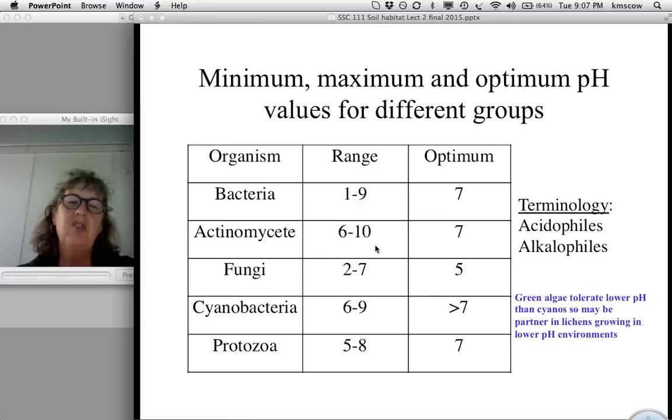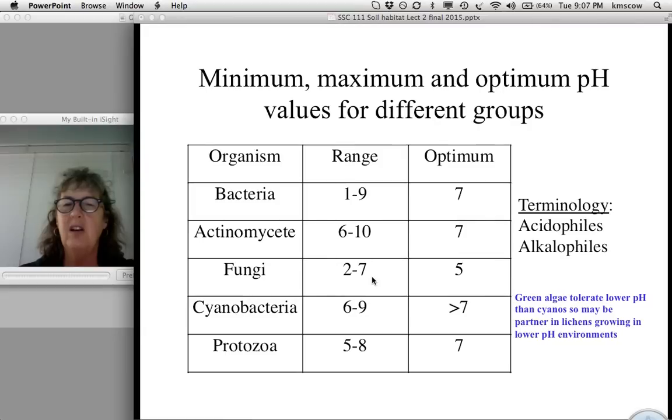Actinomycetes tend to not do well at low pH, and they are more likely to be found in alkaline conditions, and again may have an optimum of around 7, but the range that you're going to see them active in is 6 to 9 or 10.